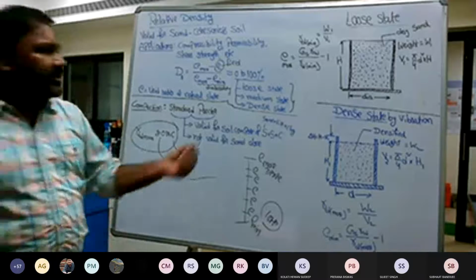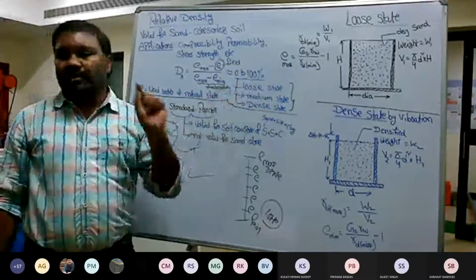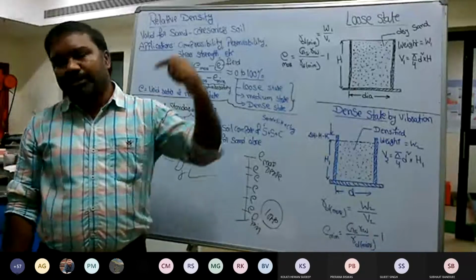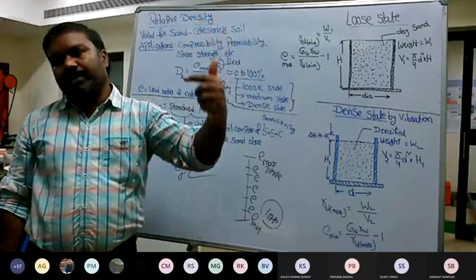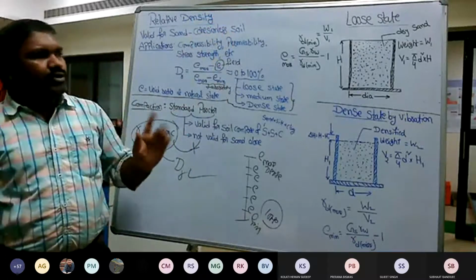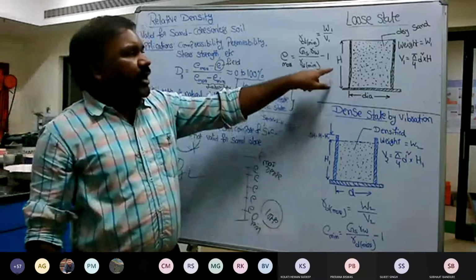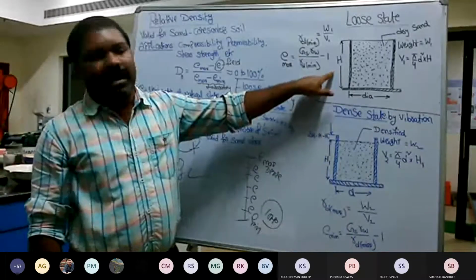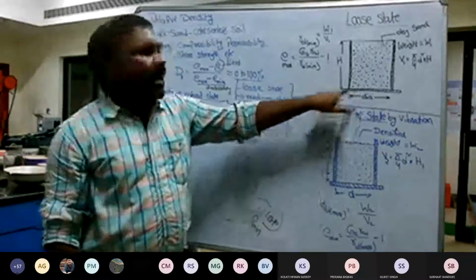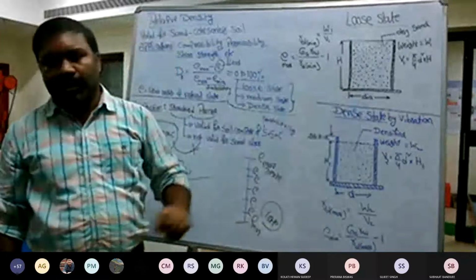That means I have to take a single, identical material and achieve the densest possible state and the loosest possible state. So I am going to take an identical material and an identical mold, having a diameter of D and height of H.